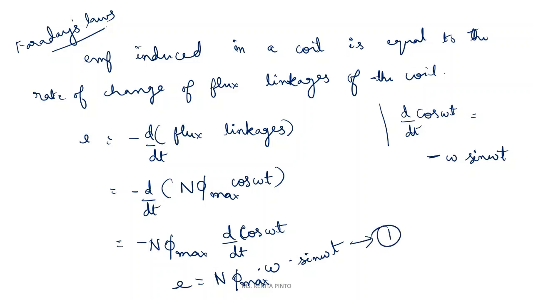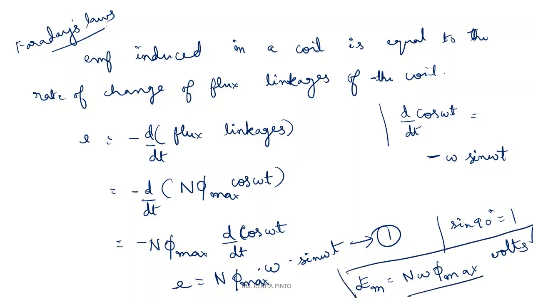Now from this equation you can say that the EMF induced E will be maximum when the coil is at angle 90 degrees. You already know sine 90 degrees is equal to 1. Therefore the maximum EMF Em can be written as Em is equal to n into omega into phi max volts. So this is the maximum EMF.